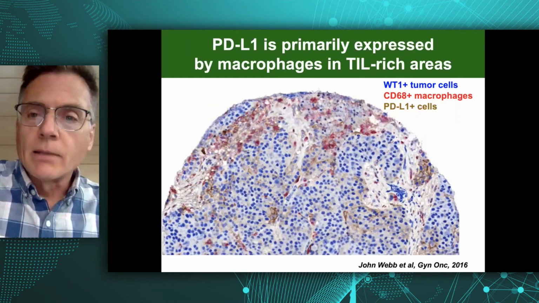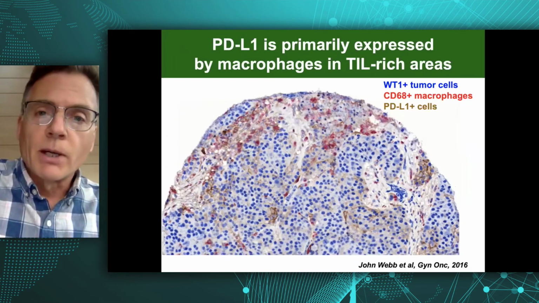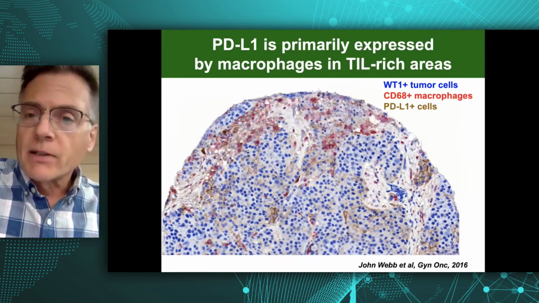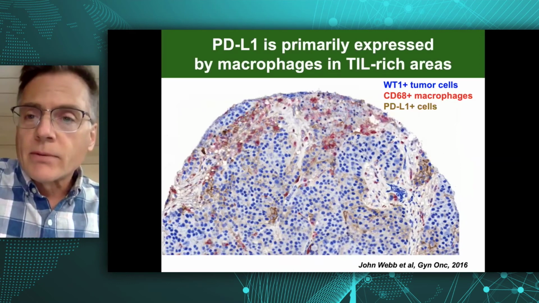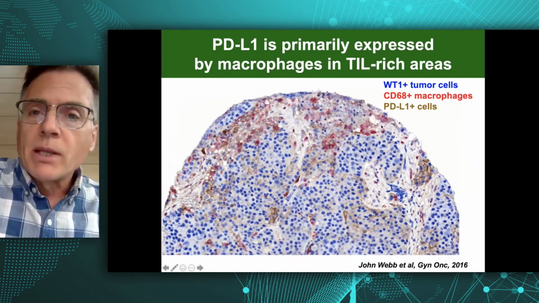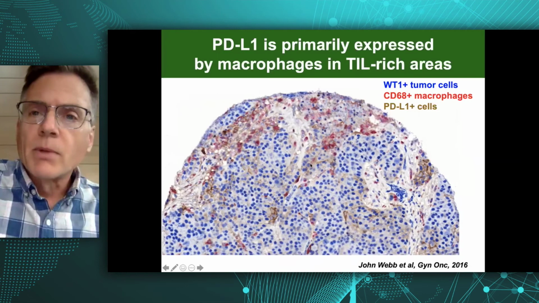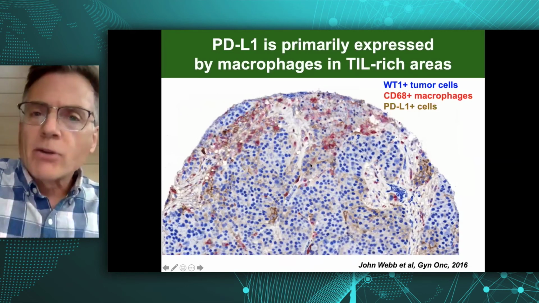One of the issues with high-grade serous carcinoma, and some other malignancies as well, is that in this type of cancer, the PD-L1 expression, as shown here with the brown DAB staining, is primarily found on the macrophages in the tumor rather than on the tumor cells themselves.